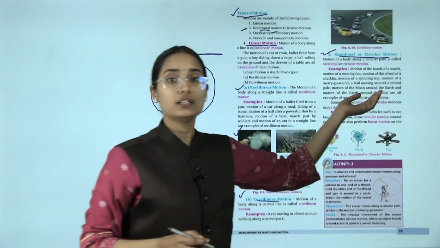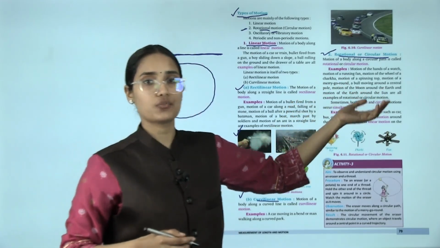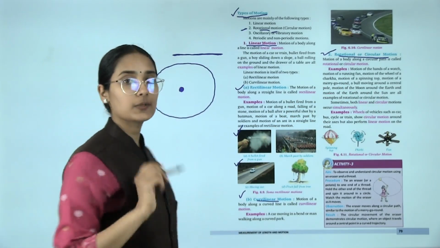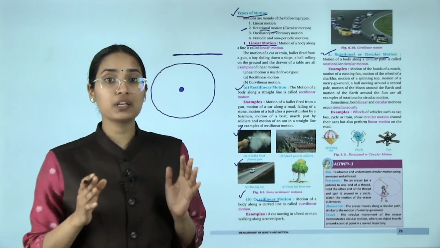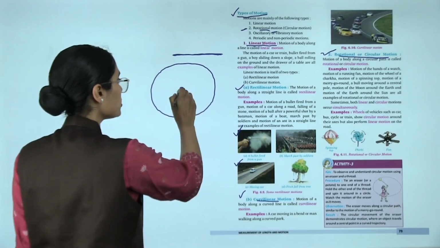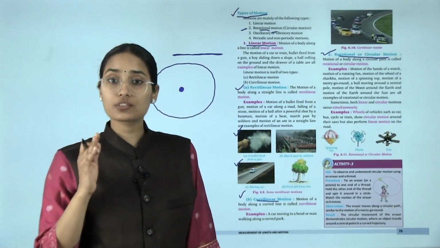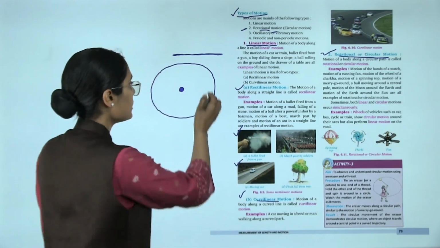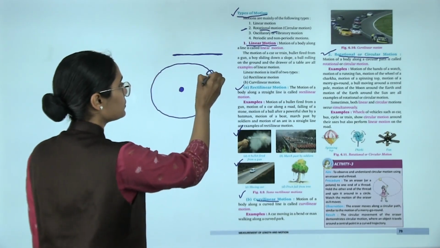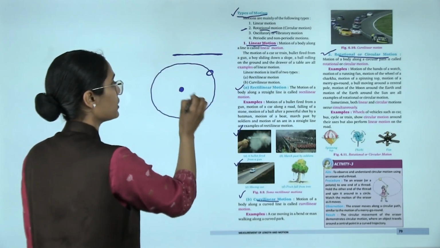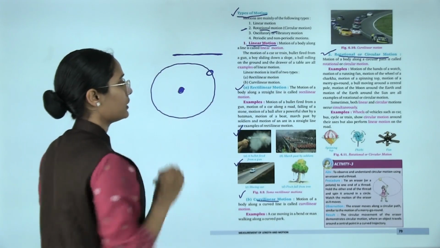For example, the hands of a watch are moving and it has a center. The spinning top also has a center and it spins like this. If we talk about the motion of the moon around the sun, this path is circular, but it has some center.